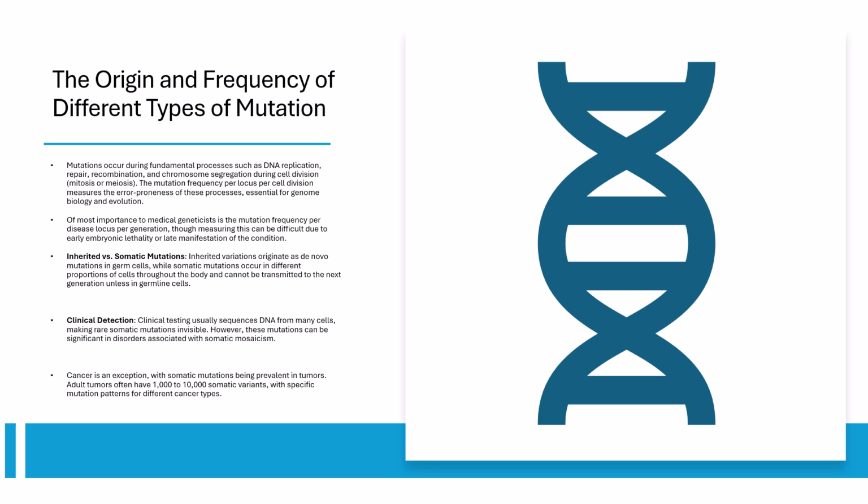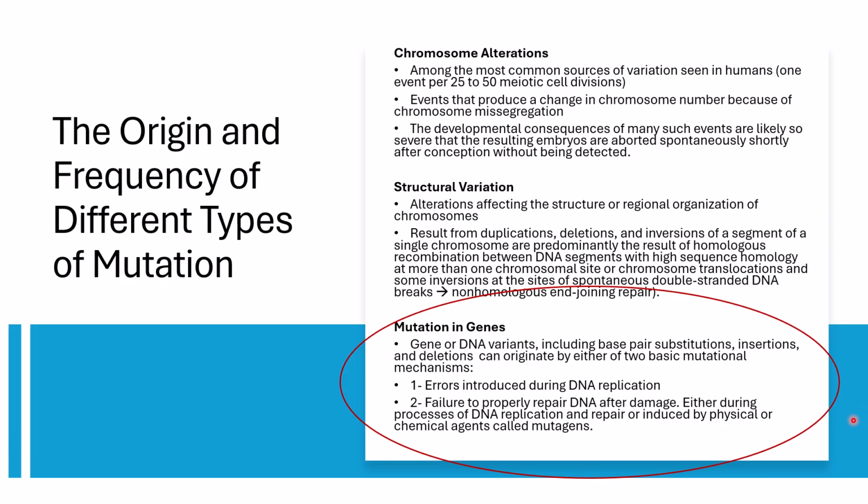And currently, we are using this to tailor treatment based on detection of specific mutations in the DNA sequence. So what we will be discussing for the remainder of this lecture is the origin and frequency of different types of mutations or rare variants.